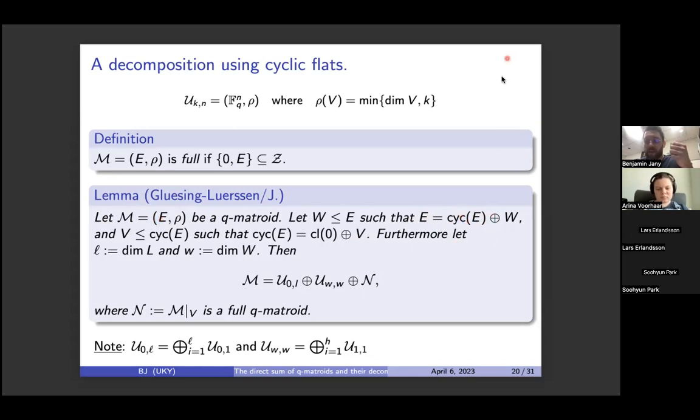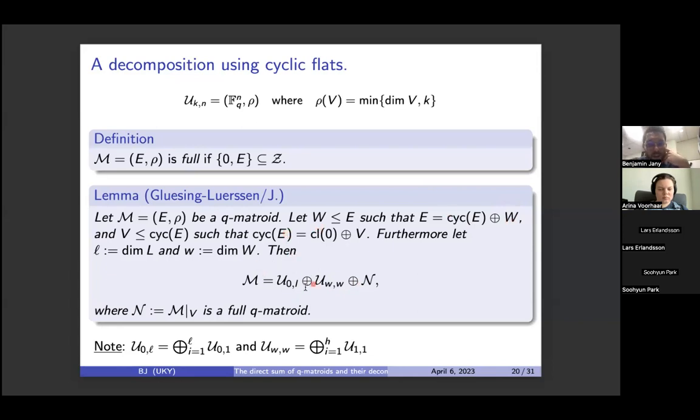Okay, and with the cyclic core of E, what we do is make a choice of a complement of the cyclic core of E, right? And it can be shown that if we restrict to the space W, then the q-matroid defined on the space W will be precisely this free q-matroid. All subspaces of W will be independent spaces, and their rank will be their dimension.